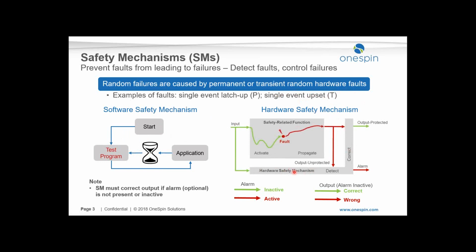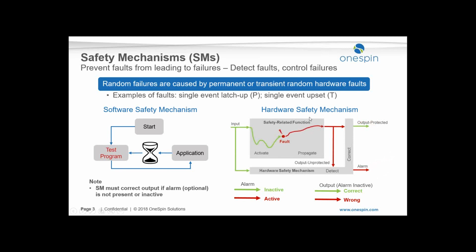And typically the safety mechanism will protect some safety-related function, and it might correct, for example, the output, and it will raise an alarm if it detects a fault. And actually, in the general case, the alarm could be even optional. Of course, if the alarm is not present, then the safety mechanism would have to correct the effects of the fault and make sure the output of our hardware is correct.